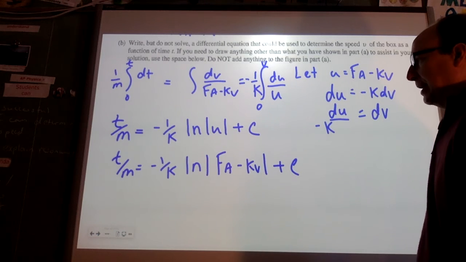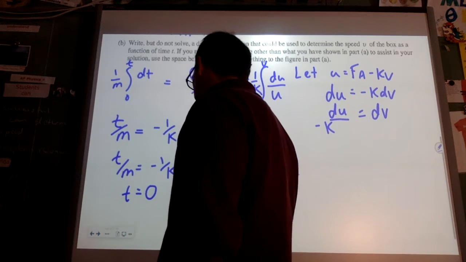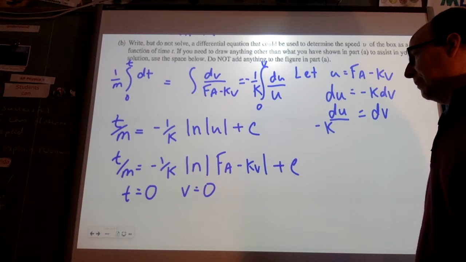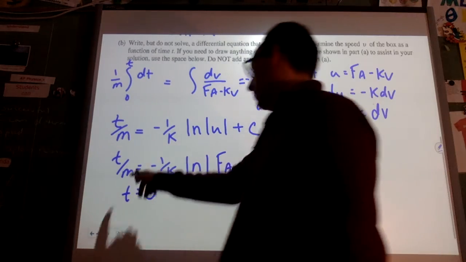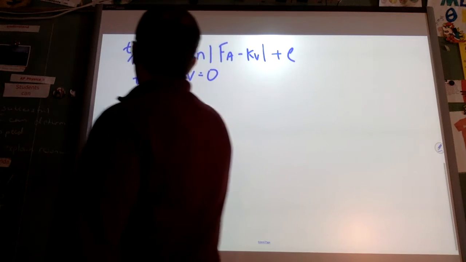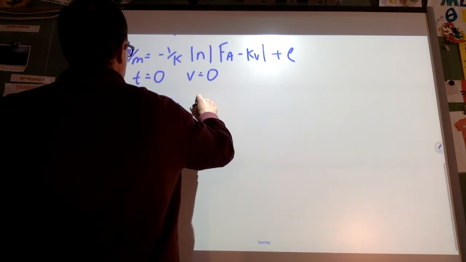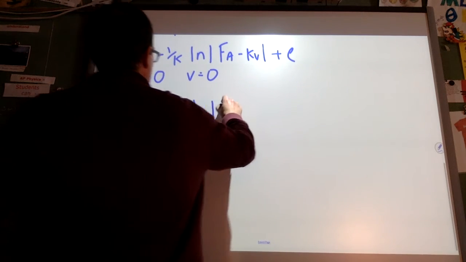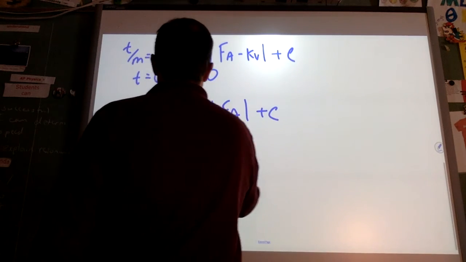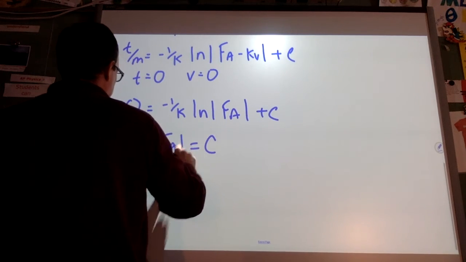And they're telling us that when t equals 0, v equals 0. Which I misread as they wanted us to go from 0 to whatever. So if I put in a 0 over here, this is going to be 0. So C is going to be 1 over K, the natural log of FA.